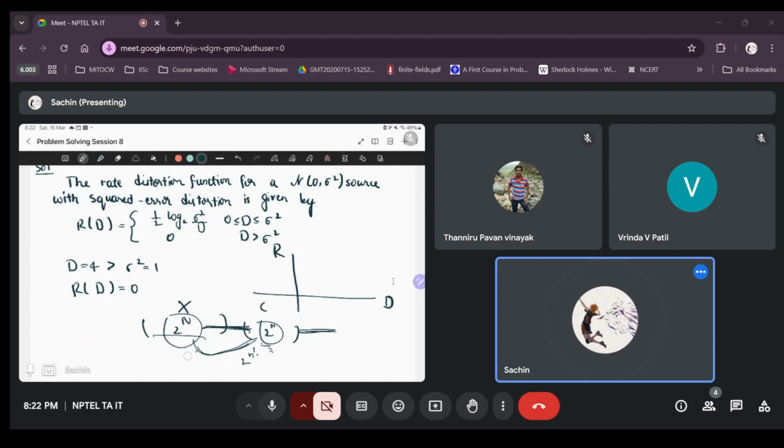Most of the time this rate versus distortion curve will be like this. If you increase the rate, you can reduce your distortion as much as you want. But as you decrease the rate to lesser and lesser values, your distortion increases.